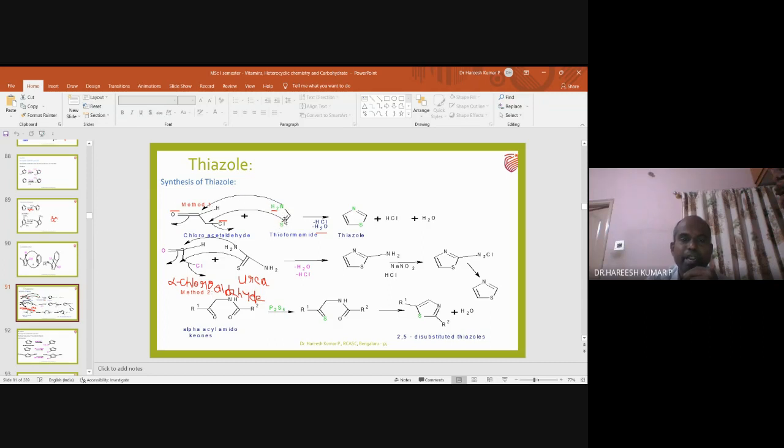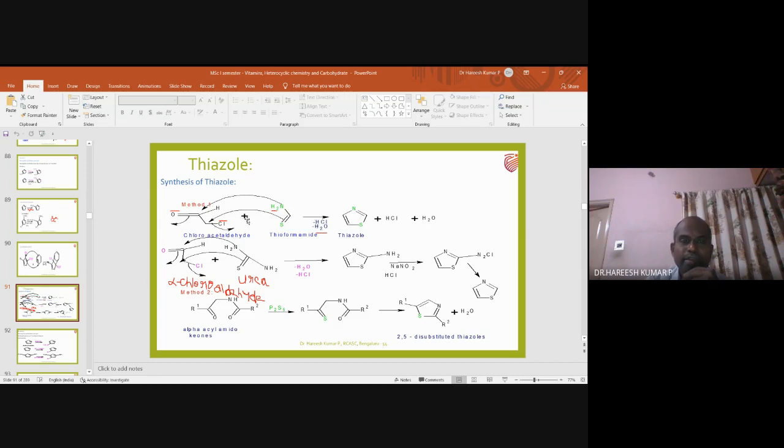That is called the amide thiol form. Once the SH is formed, it will form a new bond with this carbon, and chlorine and H will go out as HCl.